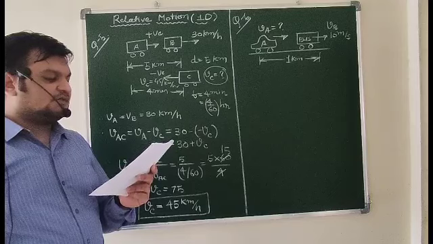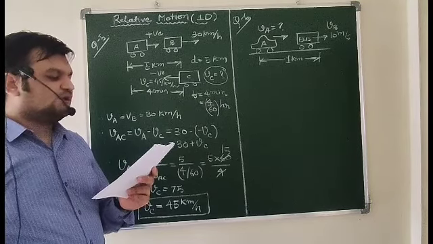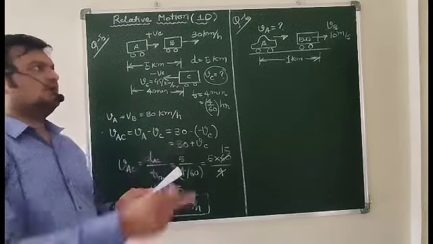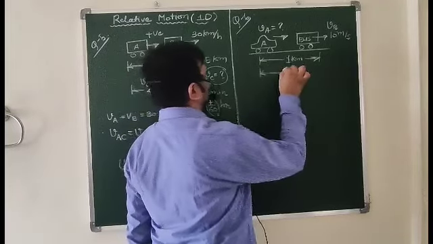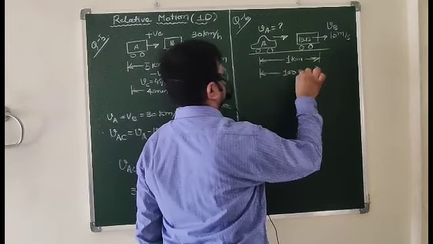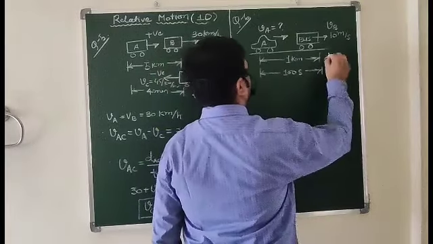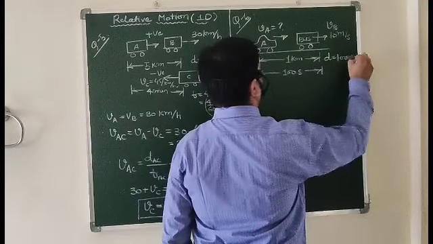If the bus is at a distance of 1 kilometer from the scooterist and the scooterist wishes to overtake the bus in 100 seconds, then we have to find out VA. So the relative time is 100 seconds, and the distance is 1 kilometer, that means 1000 meter.